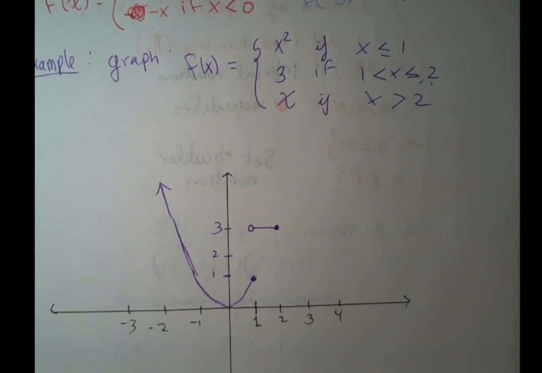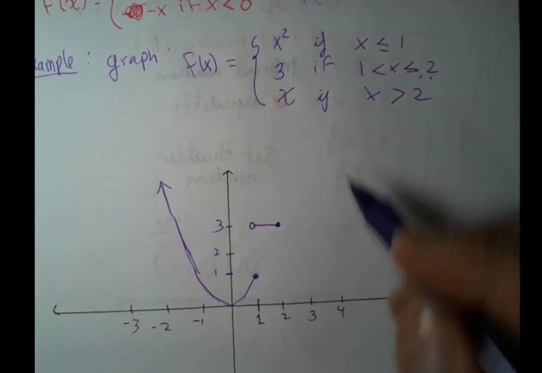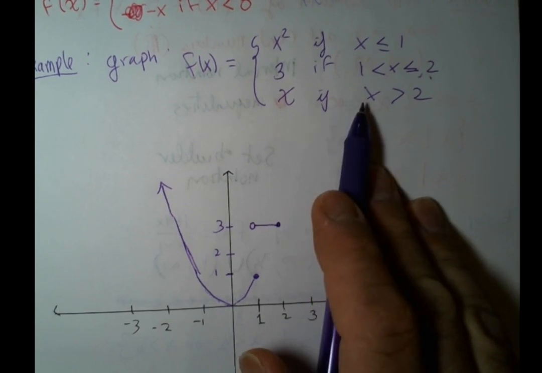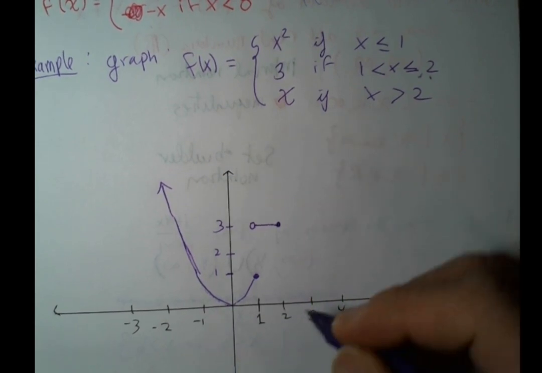Okay. All right. And now here, for the last part, we have our identity when x is greater than 2, right?